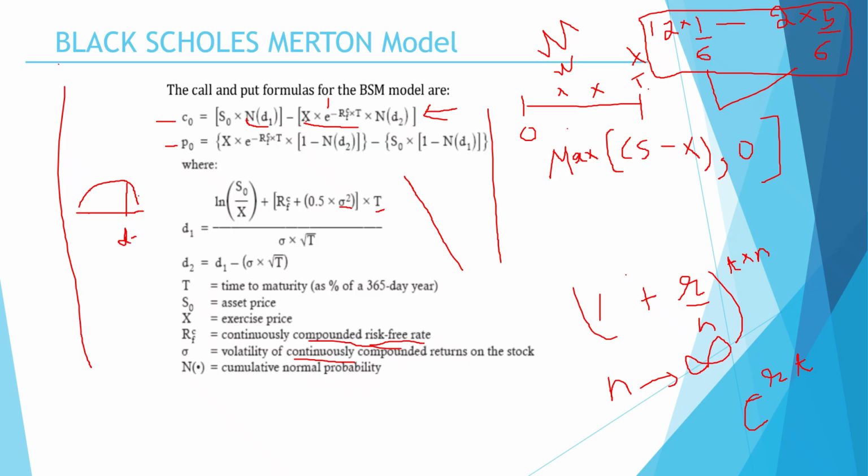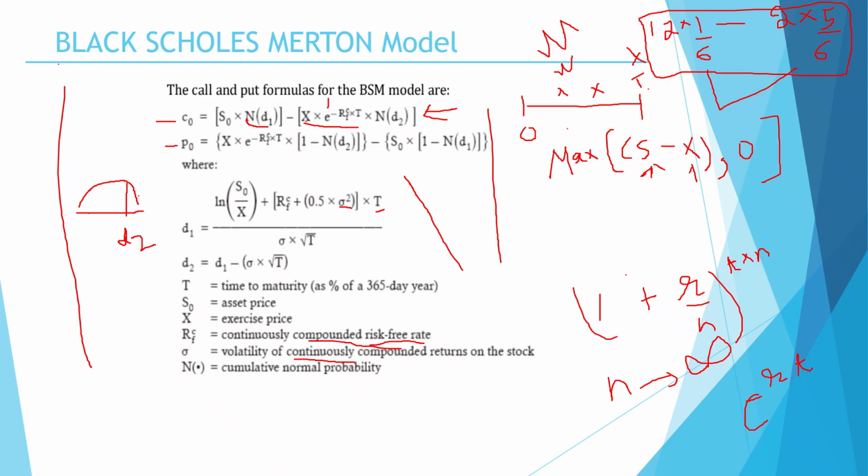So ND2 represents what are my chances that I will be in the money in the option, or that the value of this stock is greater than my strike price.